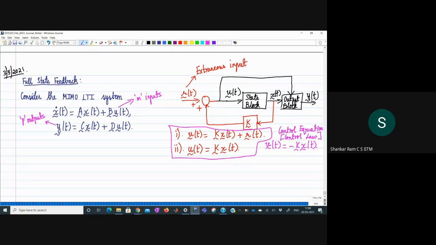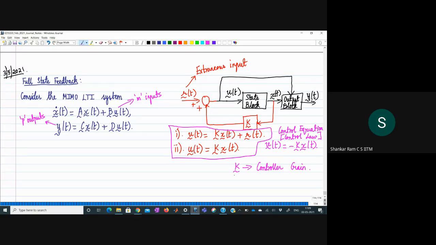So when we do full state feedback design, we are essentially going to take the knowledge of the state vector x and multiply it by some controller gain k, and then we provide the feedback. That will be the control input. So this is the control gain, which is a matrix or a vector depending on the case.